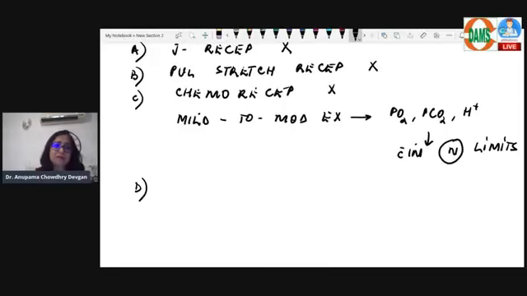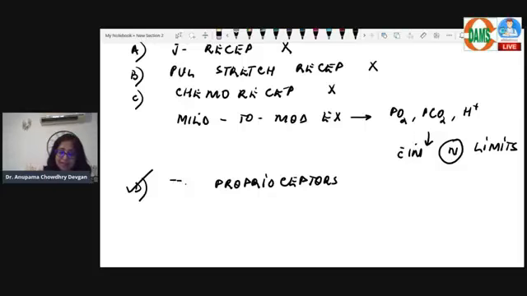So what is responsible for the increase in rate and depth of ventilation during exercise is D. And what is D? D is the joint proprioceptors. When we exercise, the joint proprioceptors get excited. If the joint proprioceptors are excited, more stimuli will reach the respiratory center, and there is an increase in rate and depth of ventilation.